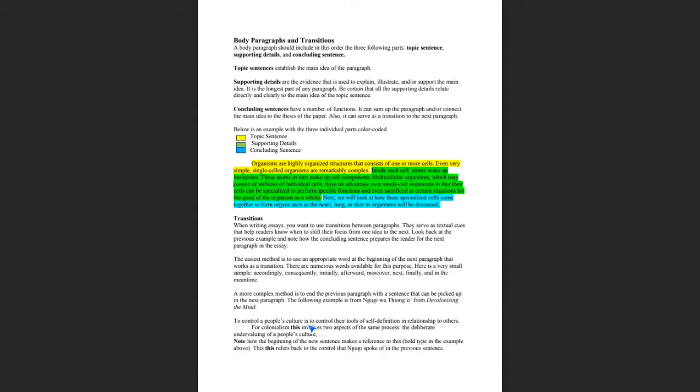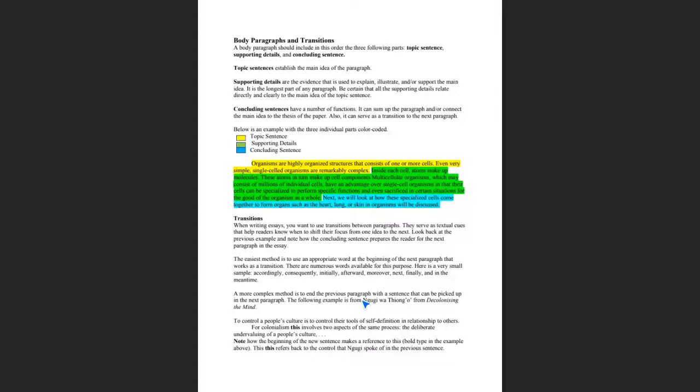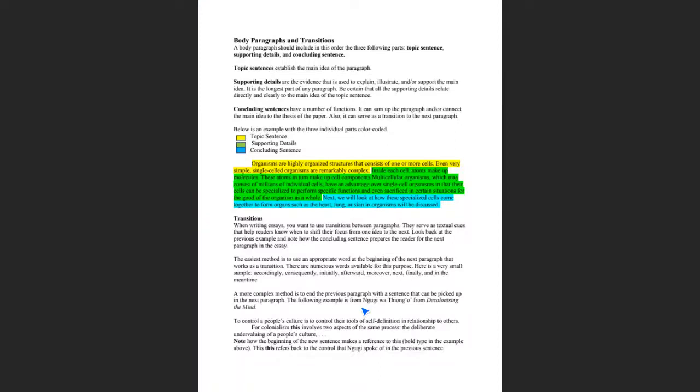So for instance, let's look at this one, and I'll just read this description here. A more complex method is to end the previous paragraph with a sentence that can be picked up in the next paragraph. And this is from Ngugi wa Thiong'o's essay from Decolonizing the Mind.